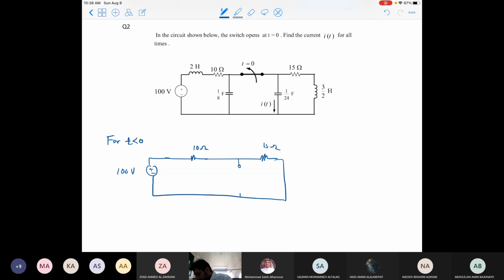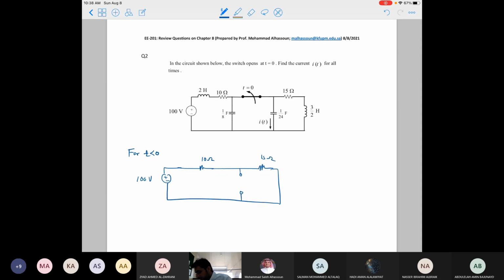The response we are interested in is the current through the inductor. In order to find the current, there are 2 options. The first option is you can find the current directly.